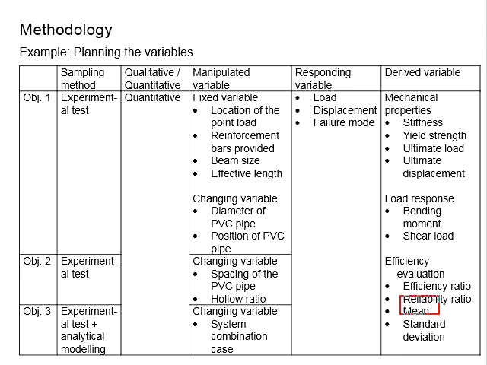You may also use the mean and the standard deviations for the reliability ratios to give you an idea how accurate your predictions are in terms of the analytical model, where is the mean, whether your analytical model overestimated or underestimated the actual response. You can have more derived variables, which is dependent on the purpose of your study, as well as the degree of understanding of you from the data that you acquire from the study.